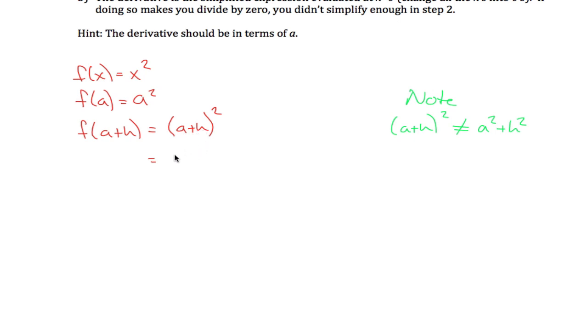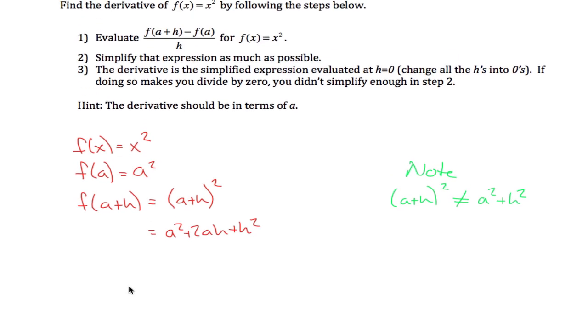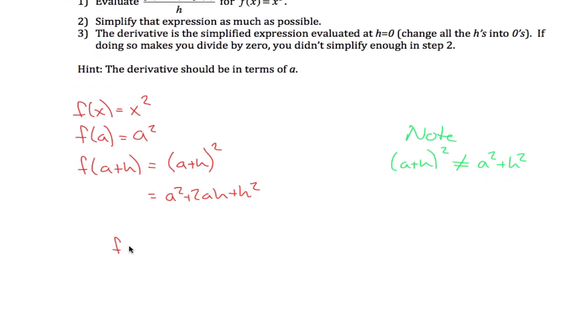(a plus h) squared is a squared plus 2ah plus h squared. So what we're trying to evaluate is f of a plus h, which we now have, minus f of a, which we also have, divided by h.